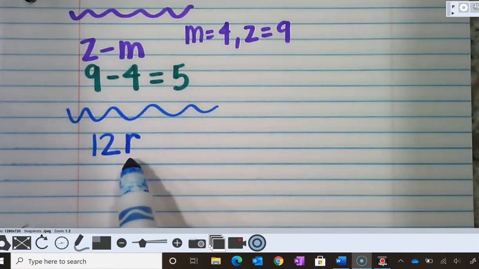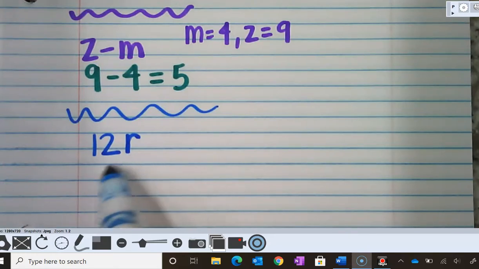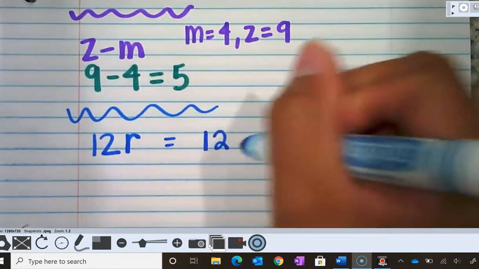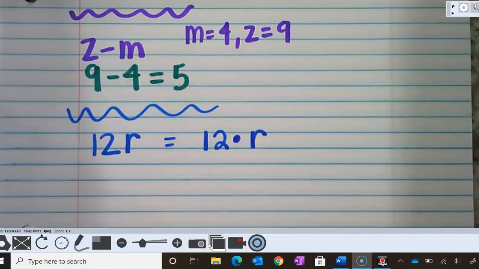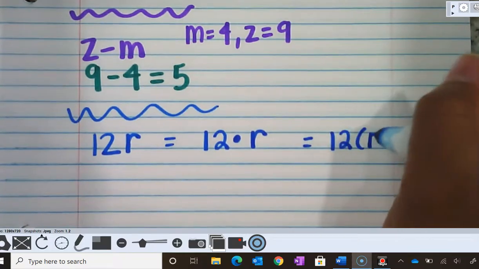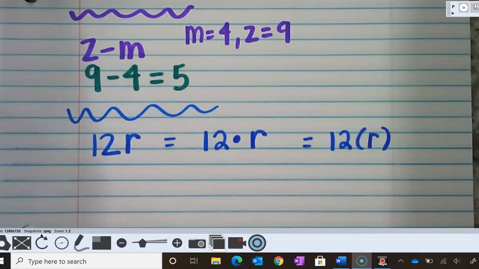Whenever I have a letter and a number right next to each other, that means multiplication. I could also rewrite this as 12 times R with the dot, or I could write it with parentheses. 12 parentheses R.